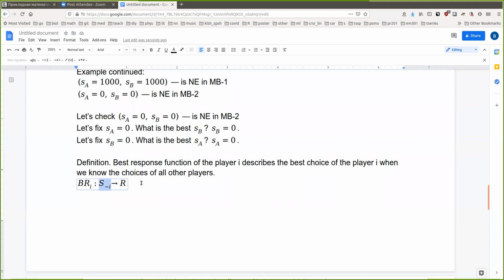So the choices of all other players is S minus I. Minus I means all players except player I.